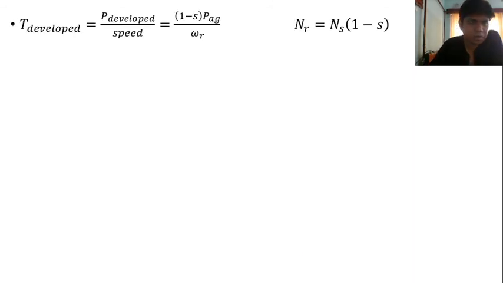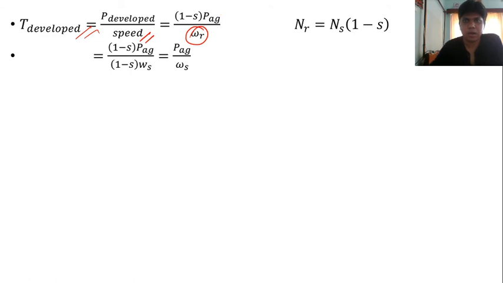Now the expression of the developed torque is the ratio of the developed power to the speed. Here rotor speed is taken. Which type of speed is taken in the denominator of the developed torque? Generally we always take the rotor speed in the case of developed torque, and developed power means mechanical power, and the mechanical power expression is 1 minus S into PAG.